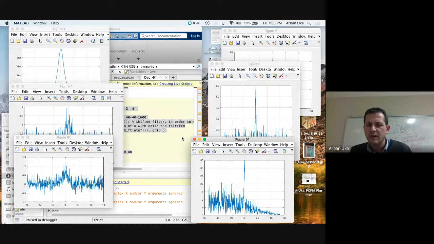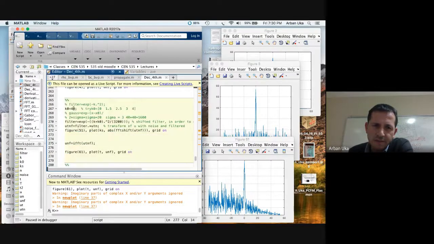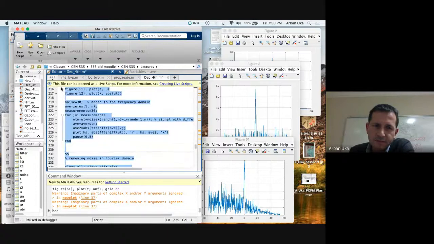Now we filtered with a filter which was centered at 40. If we filter with a filter centered at 0, let's see what we get. So let's set this to 0, and keep the bandwidth 3200. Okay, let's do that.